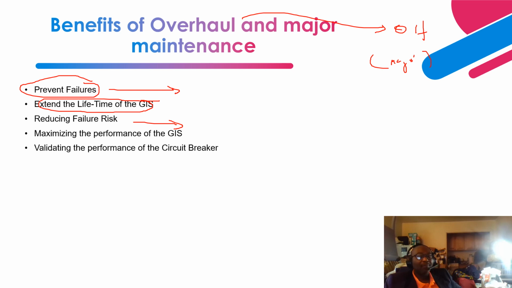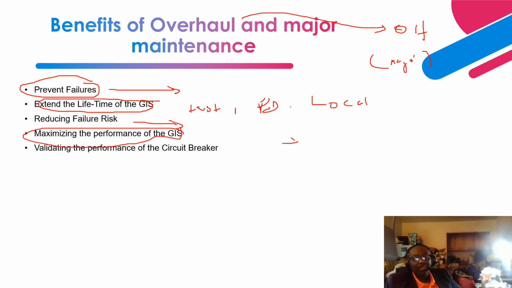So when you test the GIS and find PD activity, you can utilize localization means to identify where the PD activity is, and implement the corrective maintenance required to extend and maximize the performance of the GIS.